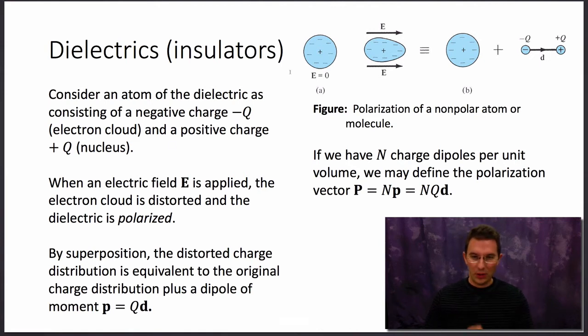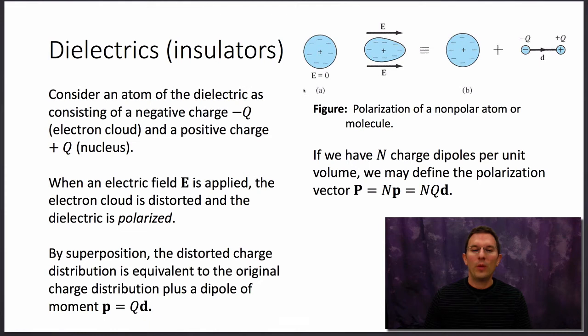Okay, so here is our original one atom of our dielectric. Essentially, you've got a nucleus that's positively charged, and there's a negatively charged electron cloud around it. So what we're going to do is apply an external electric field to this atom, all right?